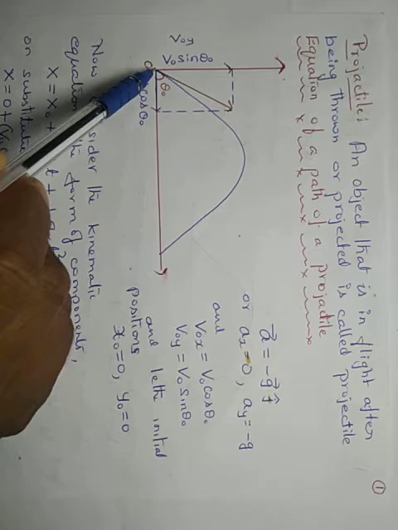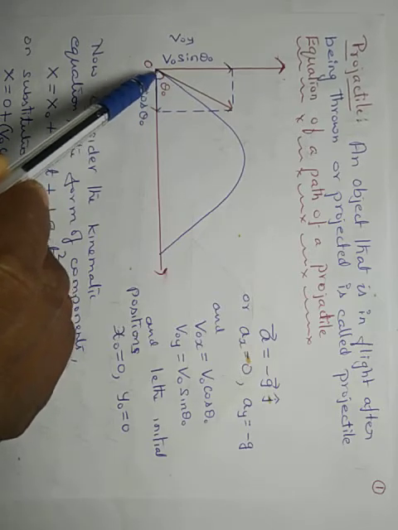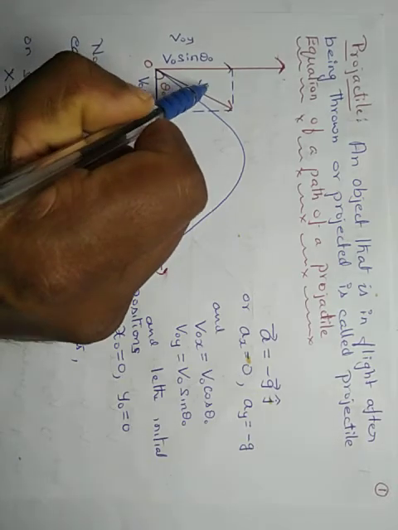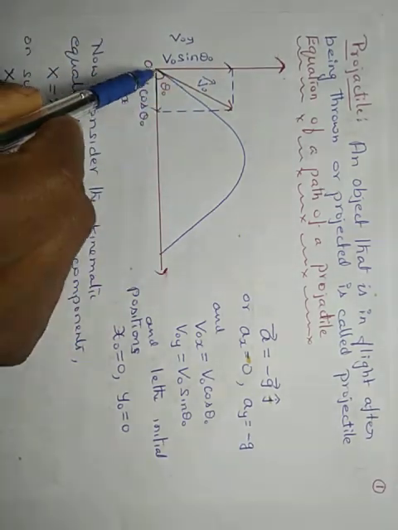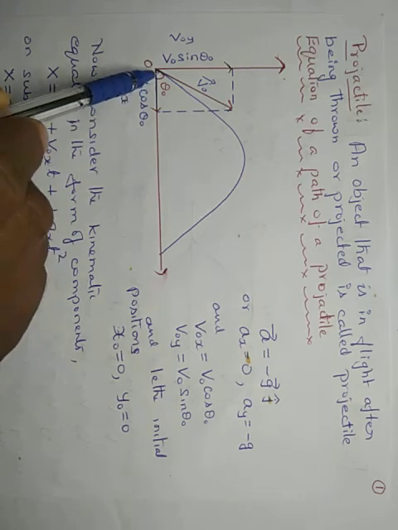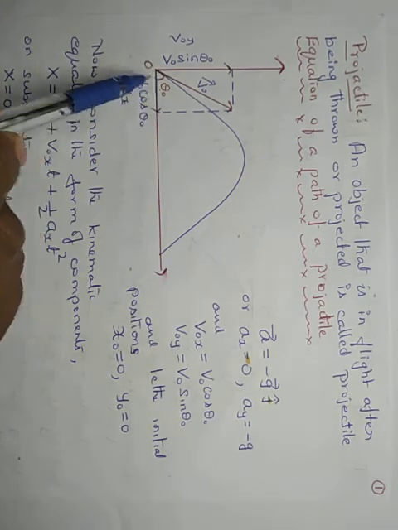This arrow represents the initial velocity of the object or projectile, that is V naught, with initial angle theta naught.